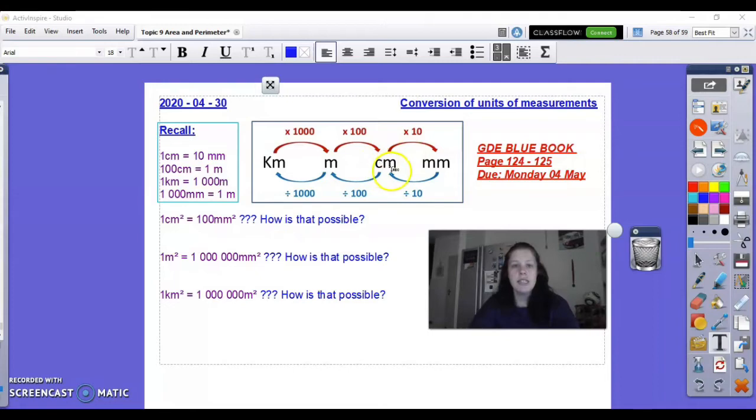If I've got centimeters and I need to get to meters, I need to divide by 100, like I've done here in the second example. 100 centimeters divided by 100 gives me 1 meter. From meters to kilometers, I divide by 1,000. So these conversions here in this block, all in purple, you need to know off by heart.